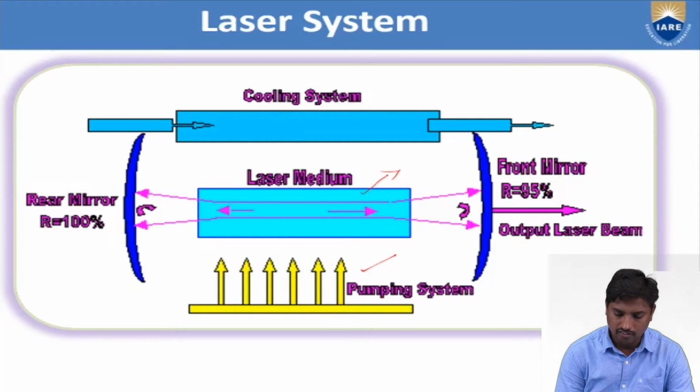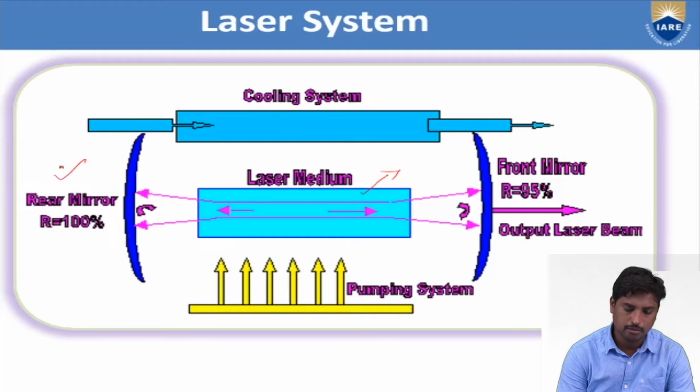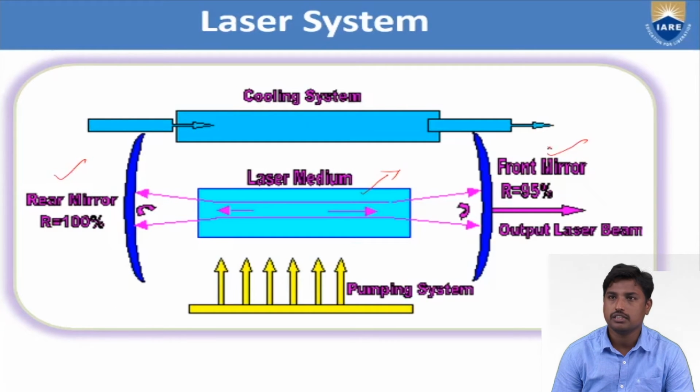To give the optical feedback, we use two mirrors here. This blue color represents the two mirrors. There is a rear mirror, 100% reflecting. One is partially reflecting, 99% or 95% coated. This is used as the output of the laser. These are the basic parts in the laser transition.